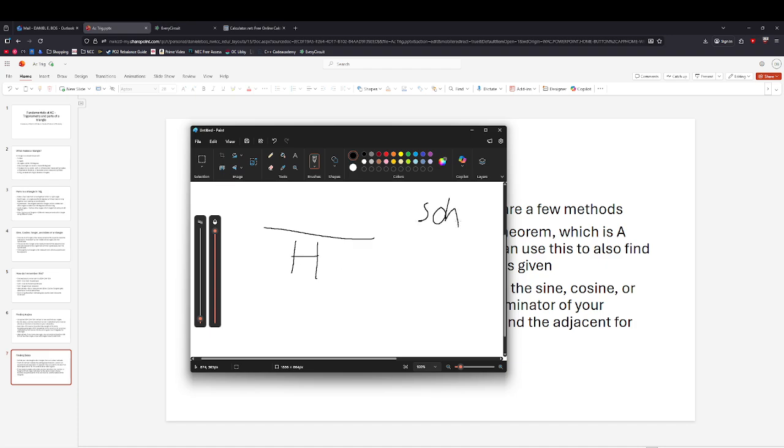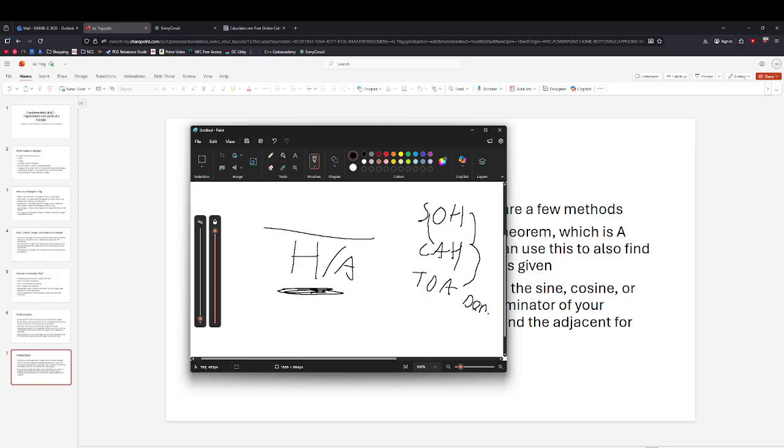Again, that looks like SOH CAH TOA. These last letters are your denominator. I'm just going to write down den again. It's your denominator.